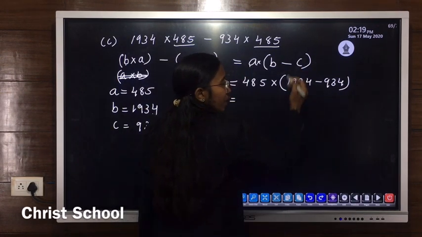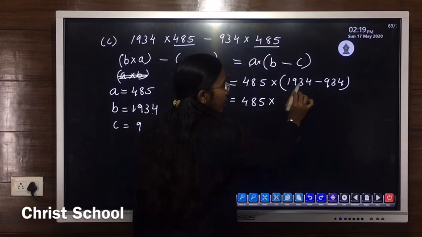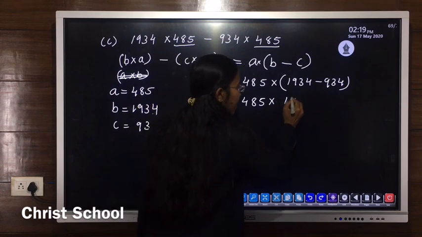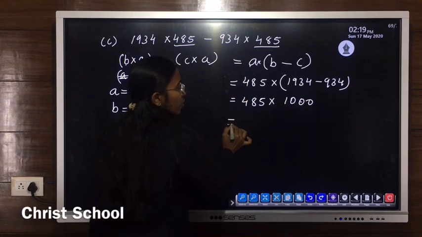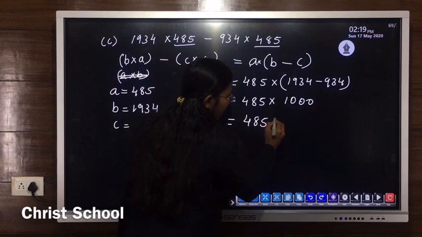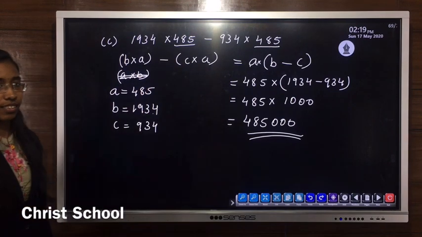First we are doing the operation inside the bracket. So 485 into 1934 minus 934. The answer is 1000. So 485 into 1000. Our answer is this.